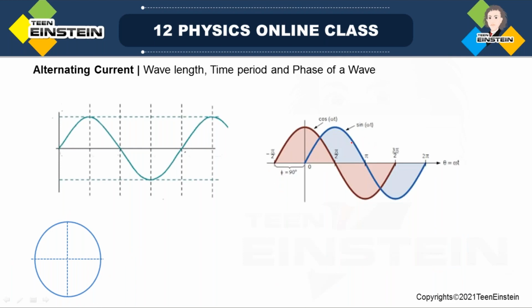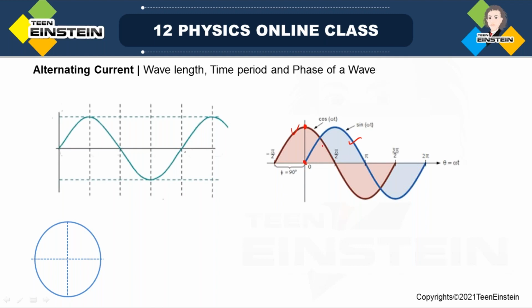Then look at this one. This is a sine wave and this is a cosine wave. You can see that when your sine wave has 0, the cosine wave has its maximum value.